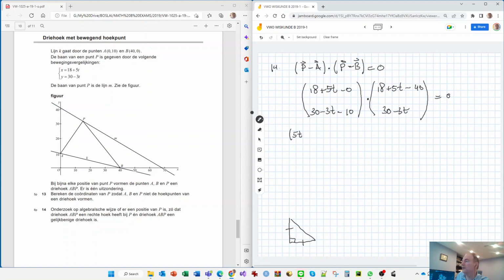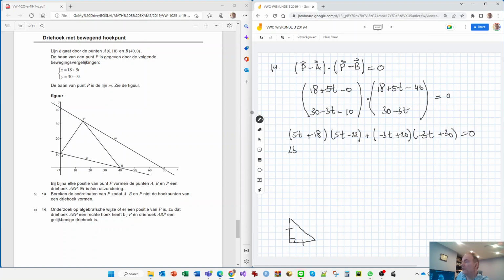It's 5t plus 18 times 5t, and 18 minus 40 is 22. And here I get minus 3t. 30 minus 10 is 20. And minus 3t plus 30 has to be 0.